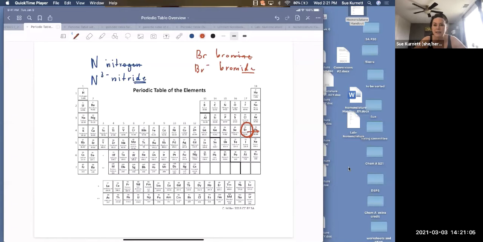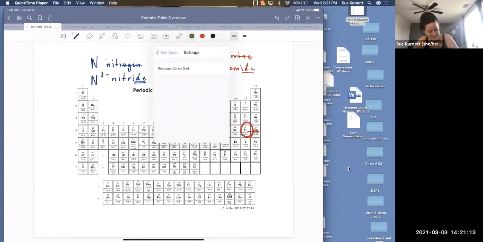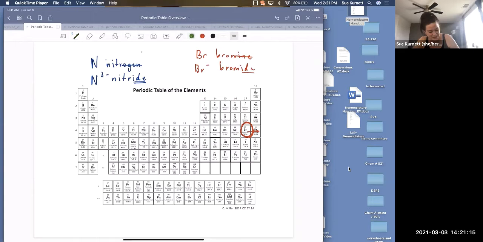So the ide ending means no oxygens, but there are some extra electrons. Now, when is that not true? Oxygen. When oxygen gains electrons, it becomes oxide. And it contains oxygen because it is oxygen.